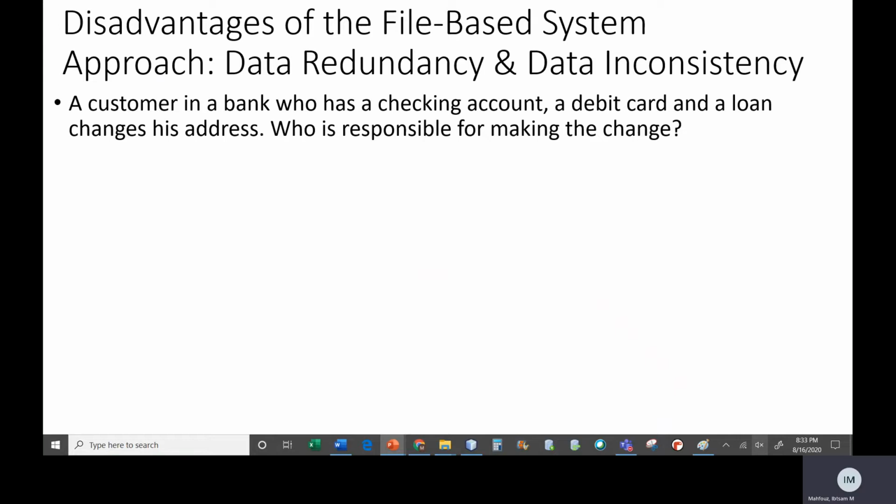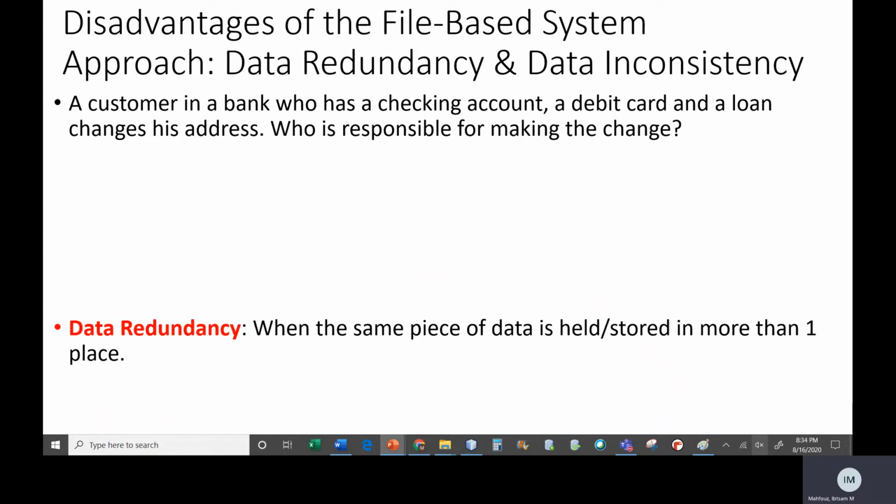Now think about it. If you have a group of people managing your checking account, and another department managing the debit card or your credit card, and another department who is managing your loan, how many places do you need to store? How many places is your address stored in? How many places do you need to make your address change in?